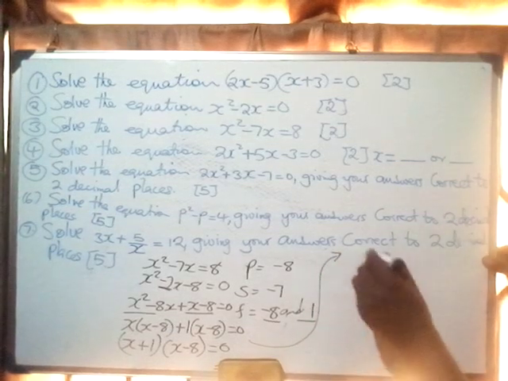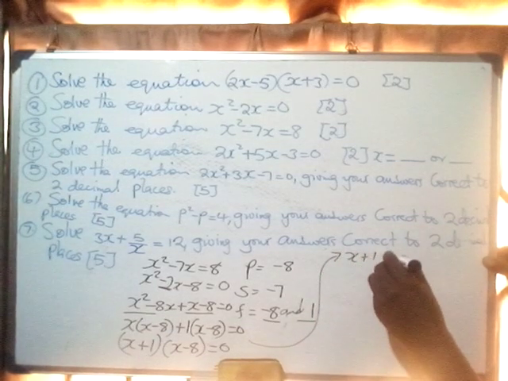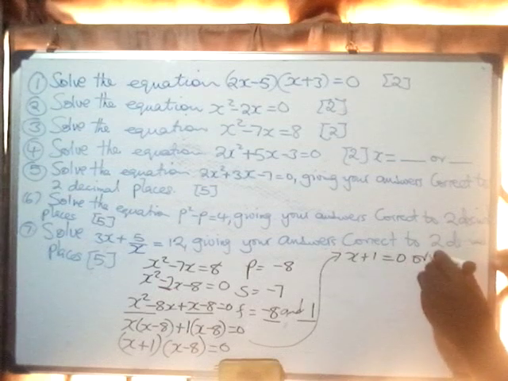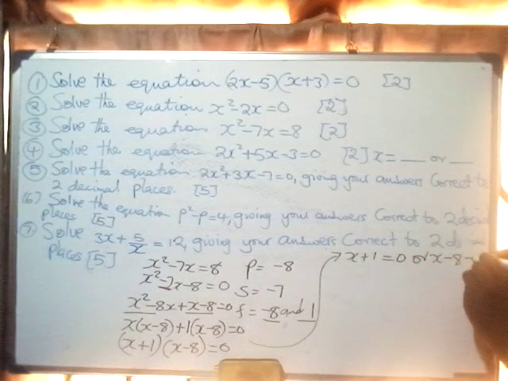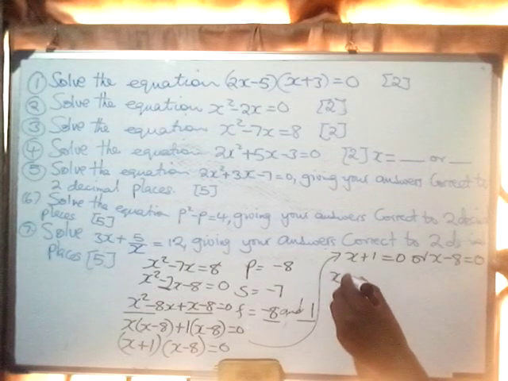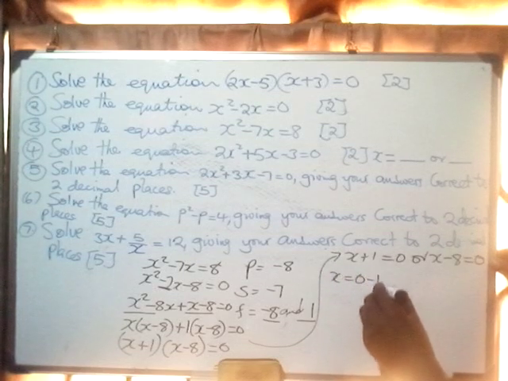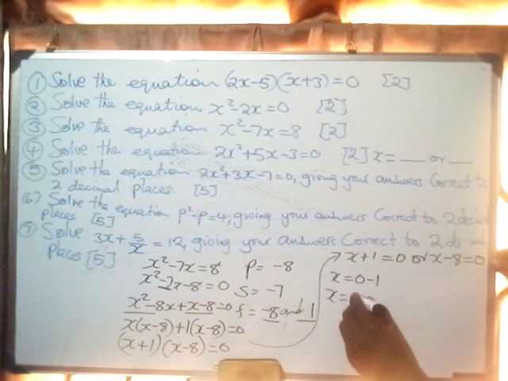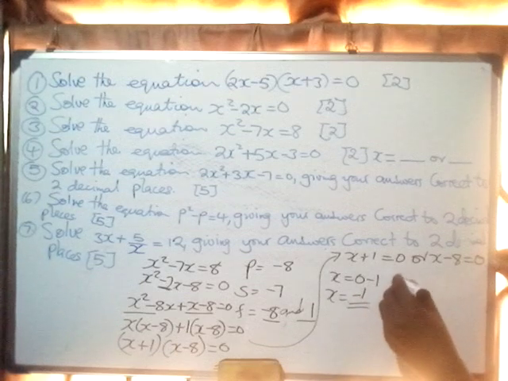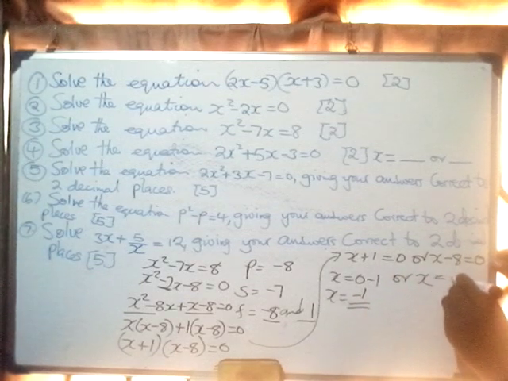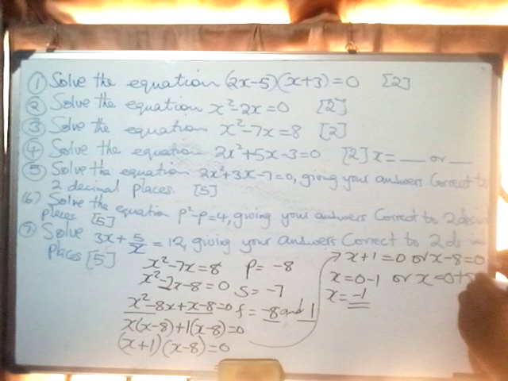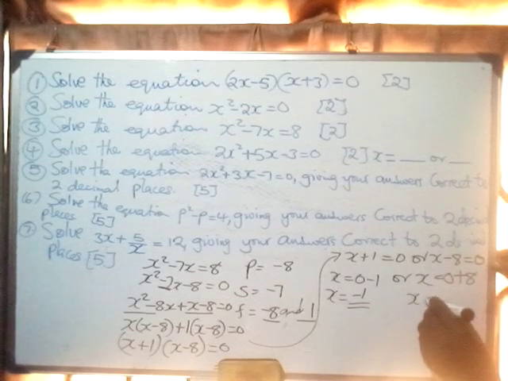So therefore now we are going to say x plus 1 is equal to 0, or x minus 8 is equal to 0. So we are going to have x is equal to 0 minus 1, x is equal to negative 1, or x is equal to 0 plus 8, and finally x is equal to 8.